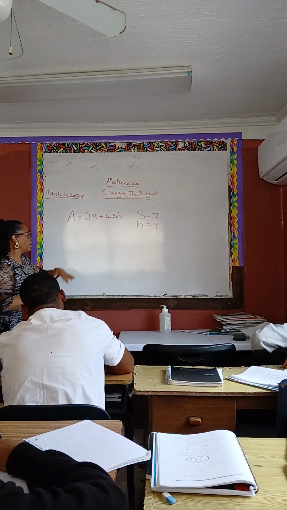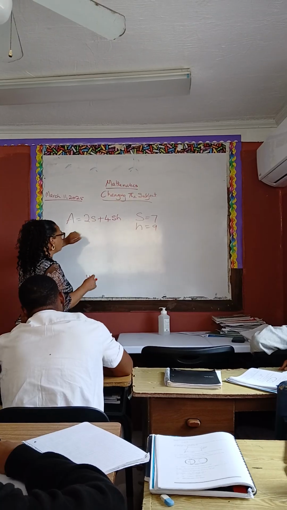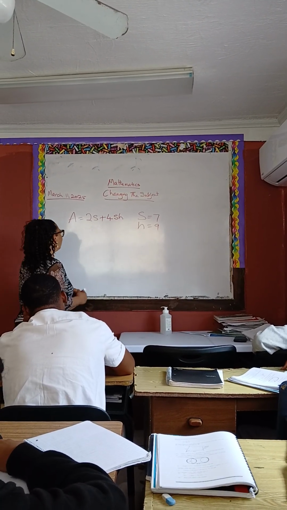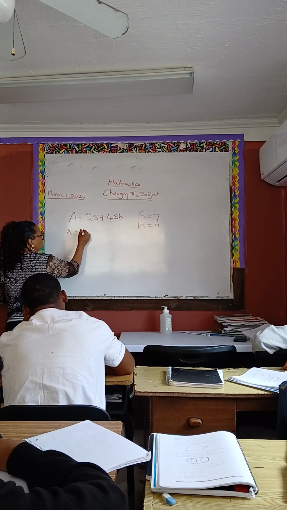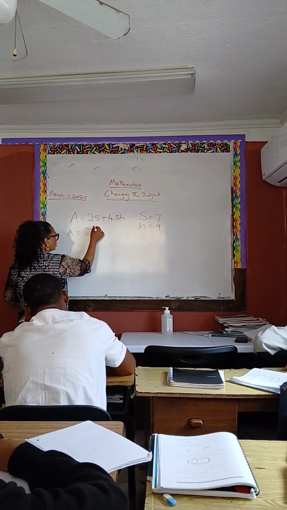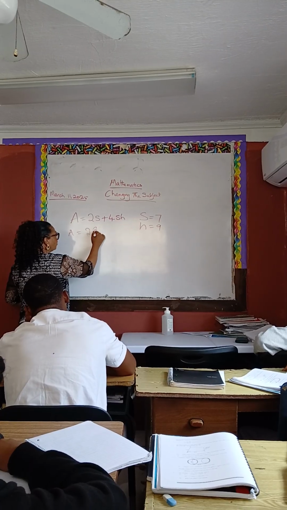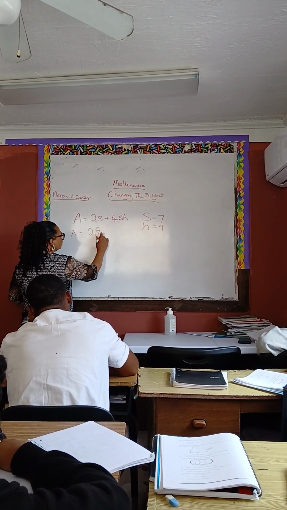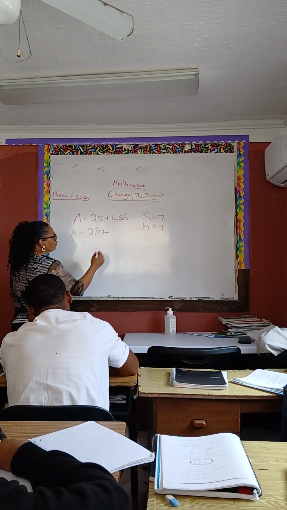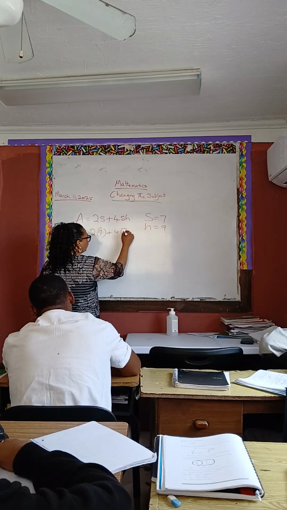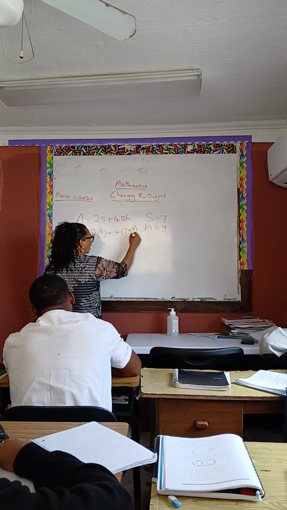So quickly I can find A by simply putting in the value of S and the value of H. So A here is going to be equal to 2 times 7 plus 4 times S is 7 and H is 9.